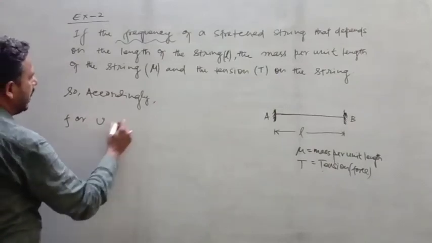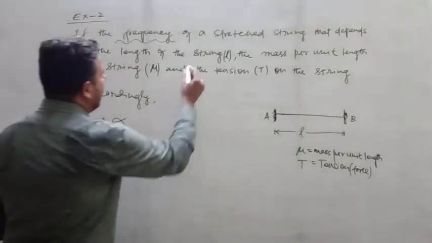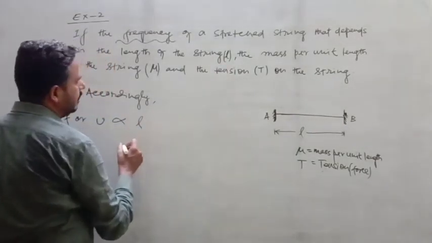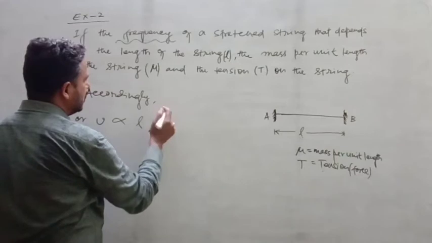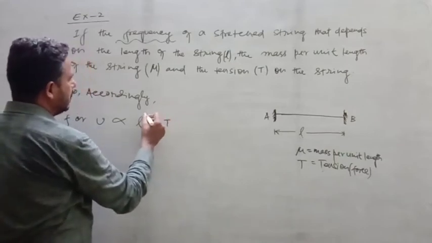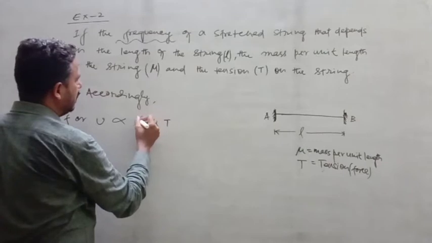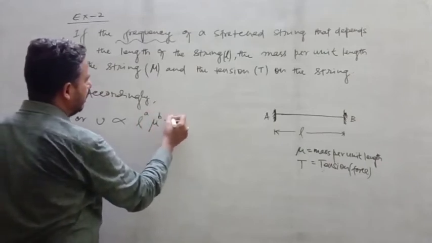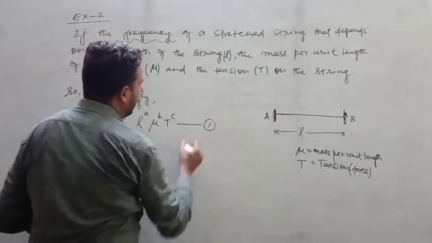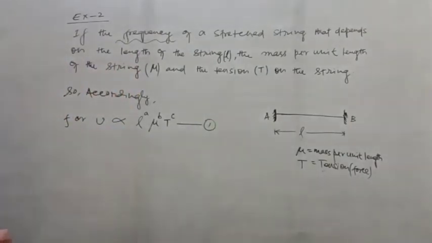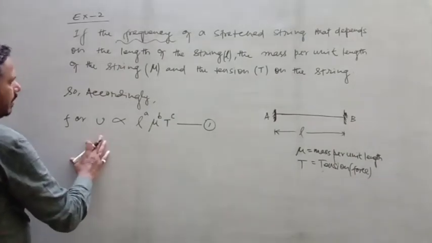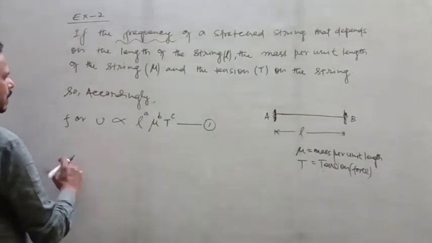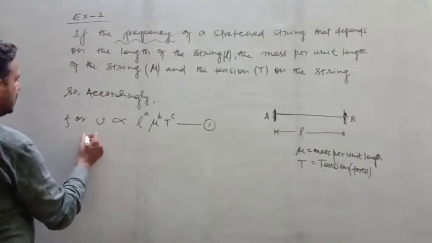That depends on the length of the string, that is L, the mass per unit length of the string, that is mu, and the tension, that is T. Suppose these have powers a, b and c, and let it be equation 1. Then you have to take dimensions on both sides. The frequency has dimensions T to the power minus 1.